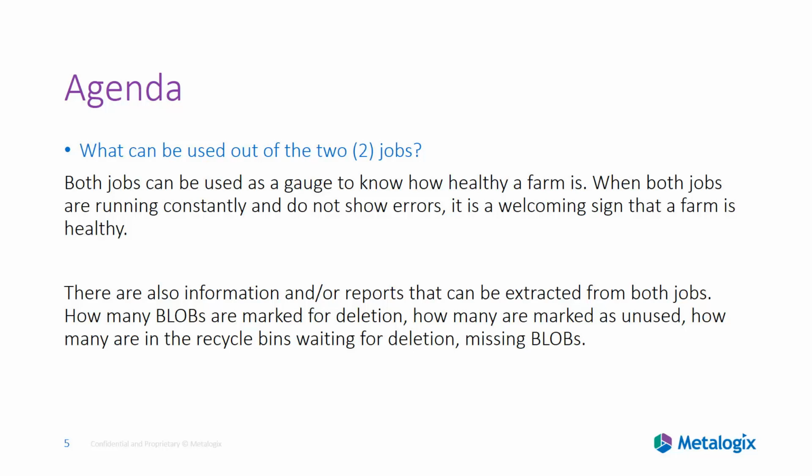It gives you detailed information as to how many items have been scanned, including how many items are marked for deletion or how many items are missing. These are the main information that is important when these two timer jobs are running, simply because we have data collection that will help us know how healthy the actual farm is.